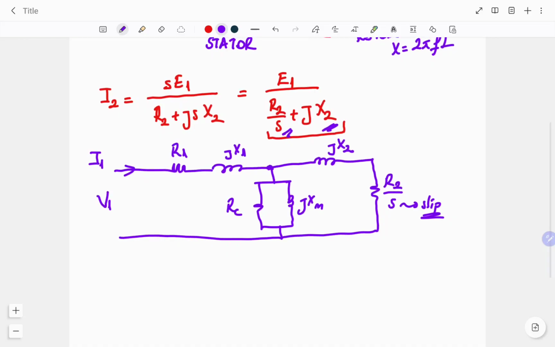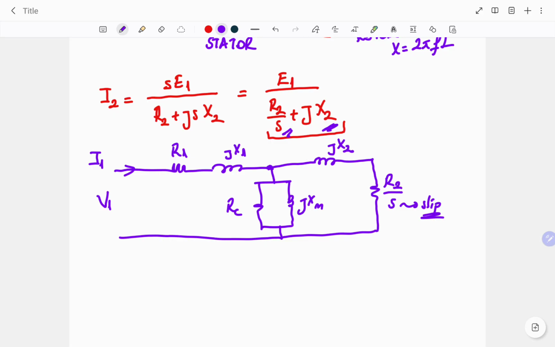Actually, we are familiar with the parameters. In the stator and the rotor part, we have, first of all, R1 and R2, which represent the stator winding resistance and rotor winding, or according to rotor type, conductor resistance for R2. X1 and X2 represent the leakage flux reactance for the primary, the stator, and the rotor part, the secondary part.